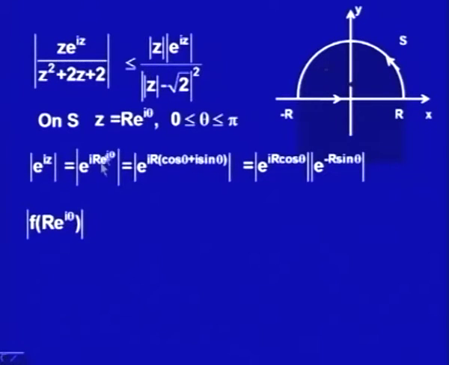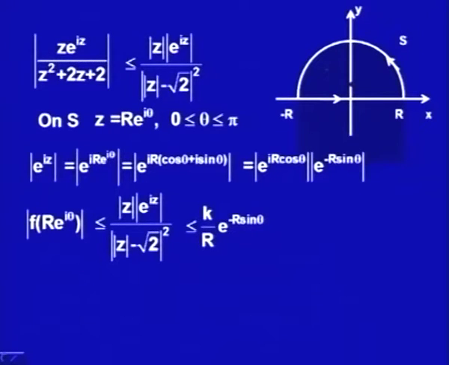From here, I would get mod z e to the power i z upon z minus square root 2 whole square. Here I would get r e to the power i theta, and mod of r e to the power i theta would simply be r. And beforehand we had obtained that this whole quantity was less than k by r.